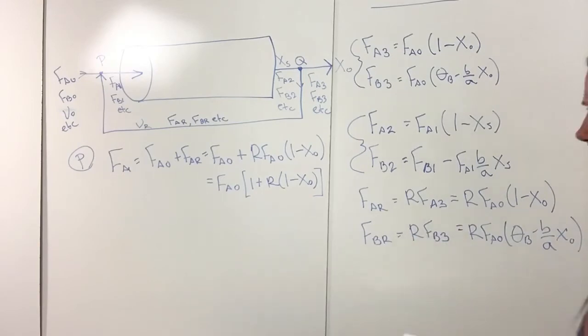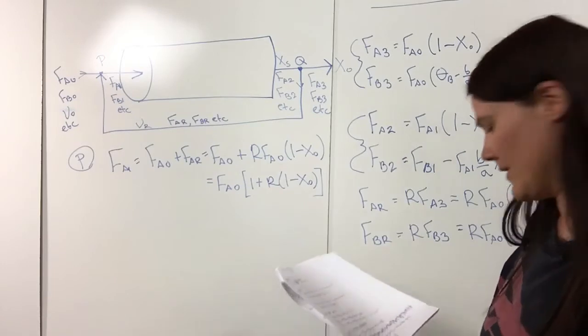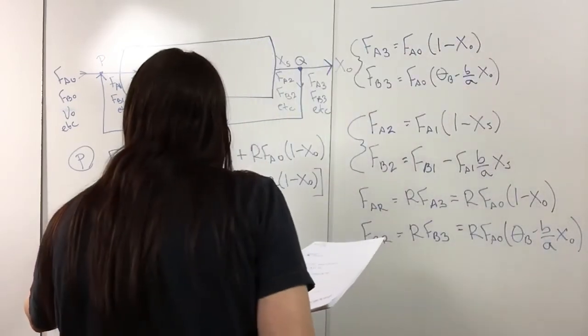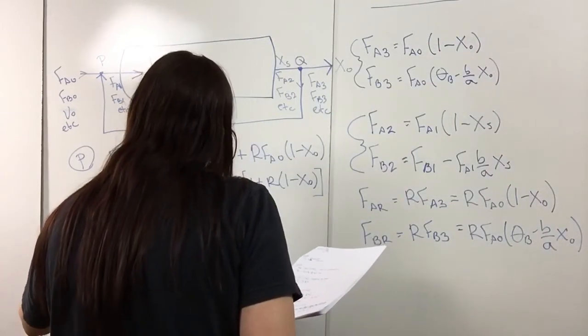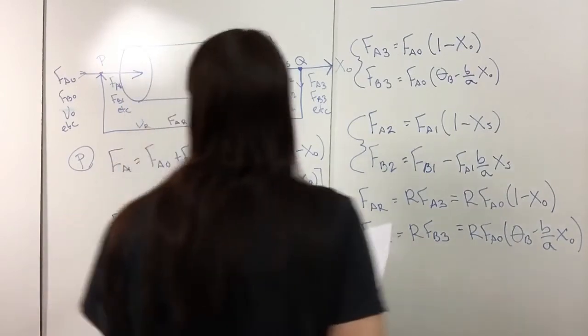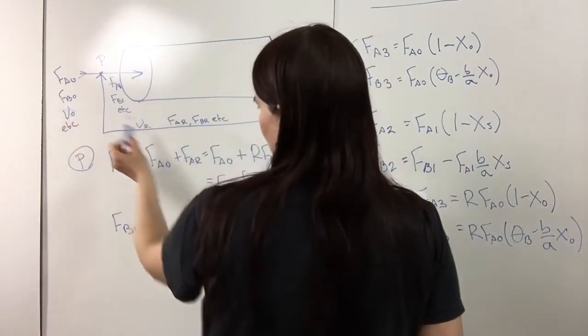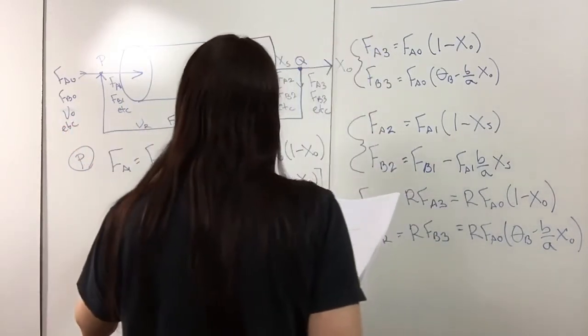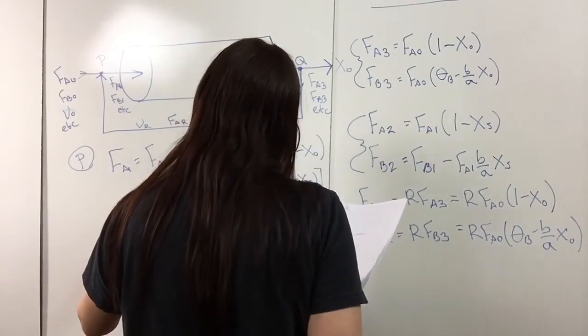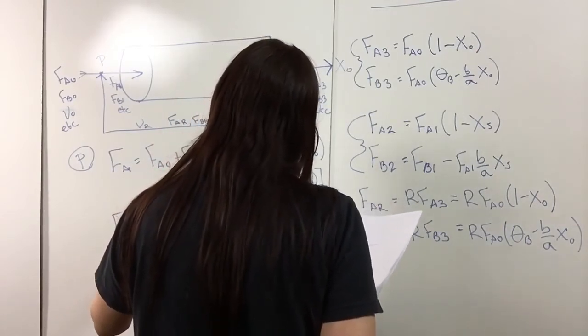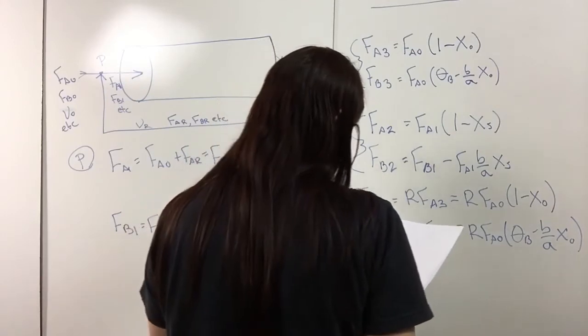And then we can do the same thing for FB1. So we know that FB1 is equal to, same thing, FB naught plus FBR.